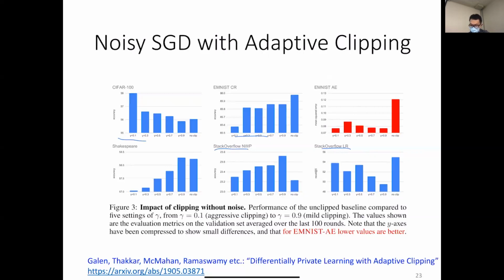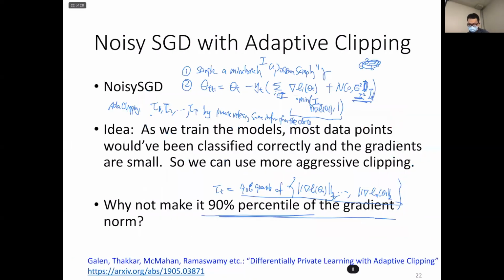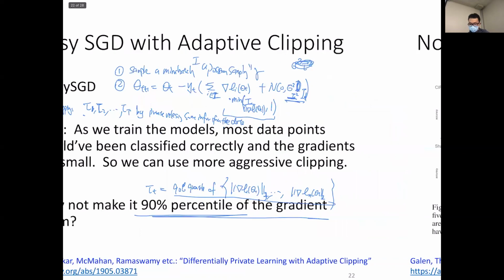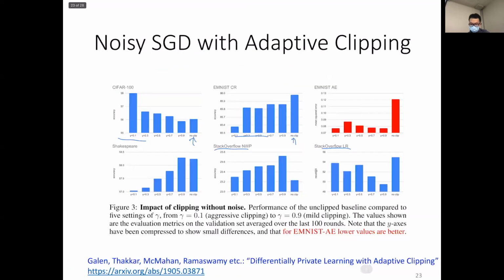Comparing to not clipping at all, which is the last column, you can see that choosing gamma, the parameter of their online algorithm to select these adaptively chosen thresholds tau t, the improvement can be quite substantial in many data sets compared to not clipping at all.